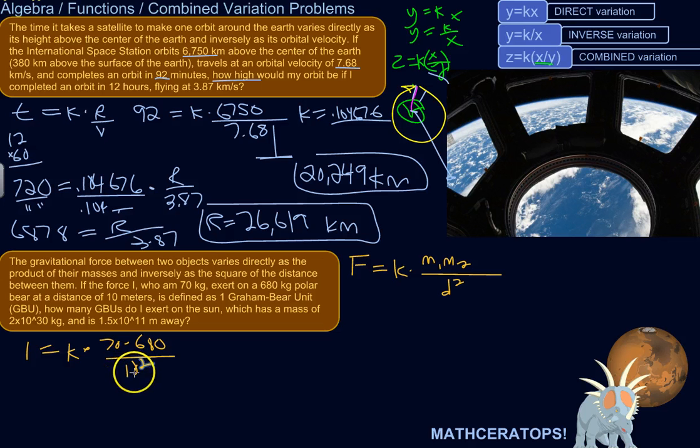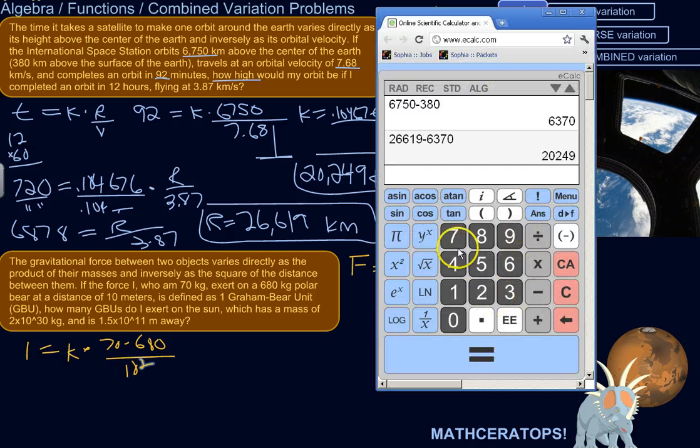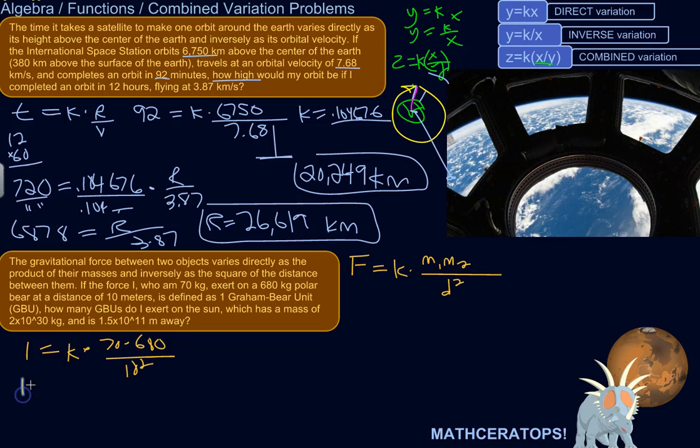Alright, so we can solve for k just by doing 70 times 680 on the top divided by 10 squared, and 10 squared is just 100. Okay, and then to solve for k, we just divide that from both sides. So k would be 1 over what we got here. K is 1 over 476.